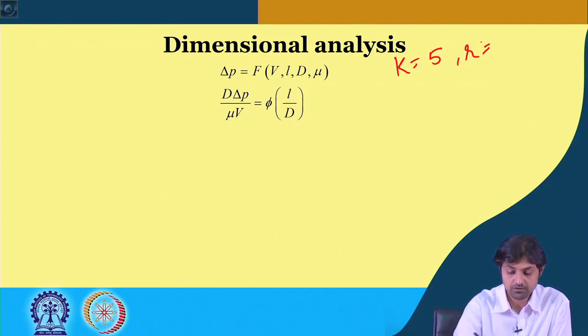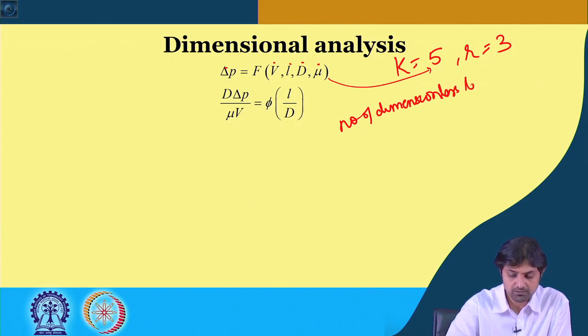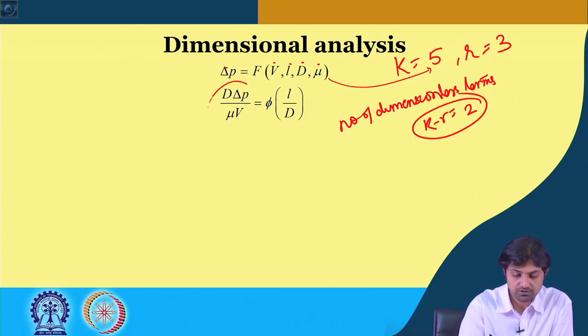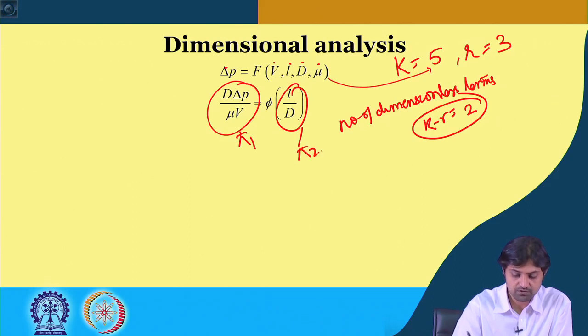R is, so 1, 2, 3, 4, 5. So, K is 5 and R is 3, right. So therefore the number of dimensionless terms will be k minus r, that is 2 dimensionless terms. So pi 1 and pi 2.